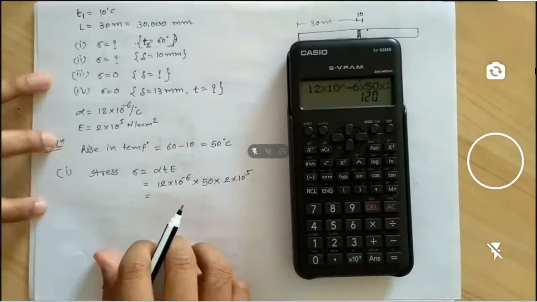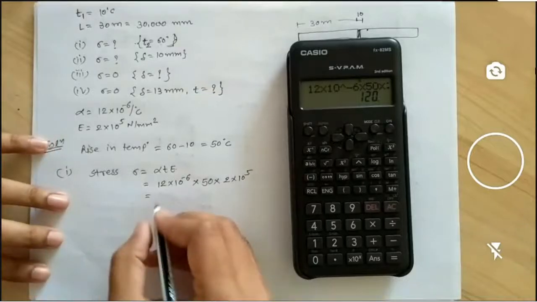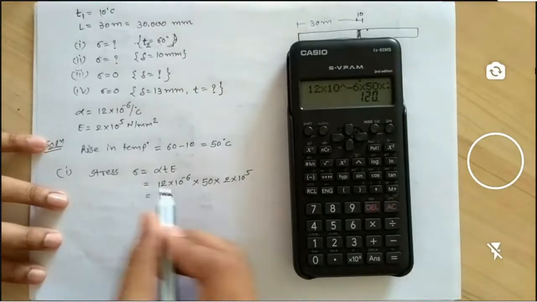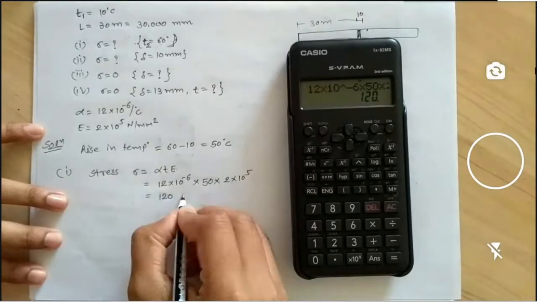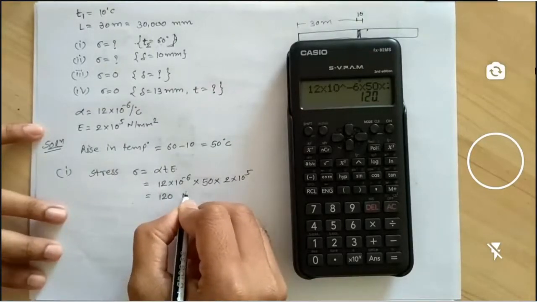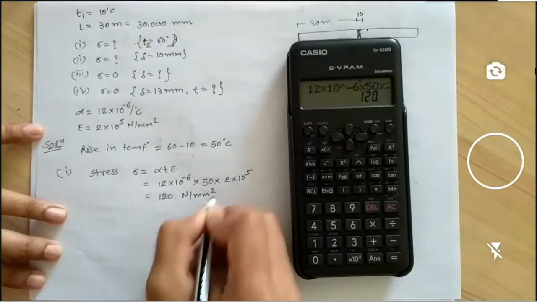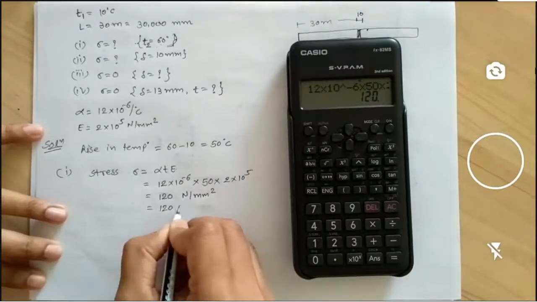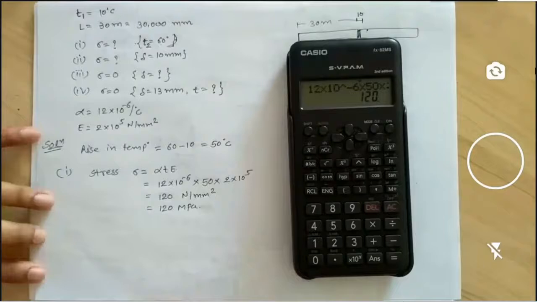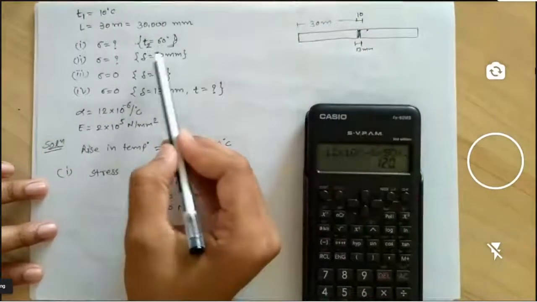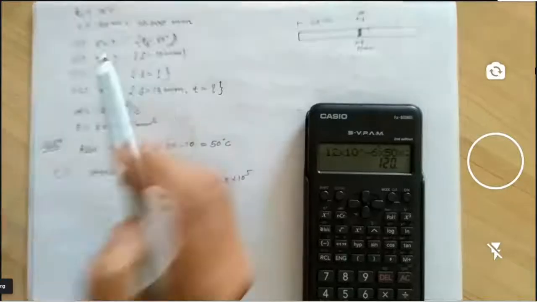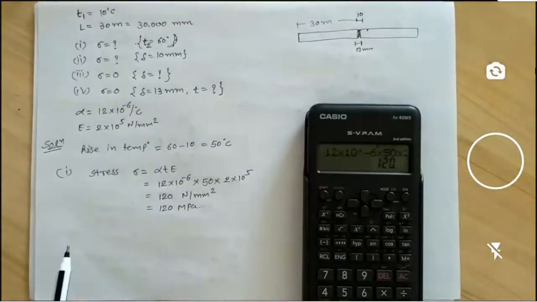We get 120, and the unit of this E is Newton per mm square. So we say that 120 megapascal stress is generated within this element if there is no allowance and the temperature rises from 10 degrees to 60 degrees.